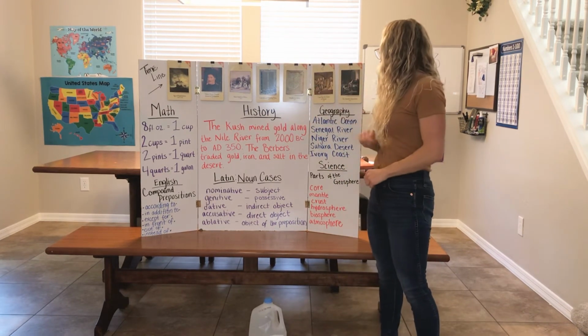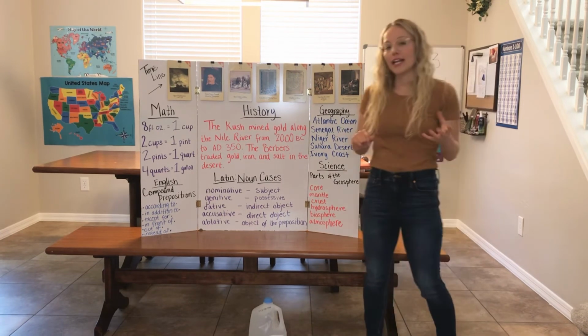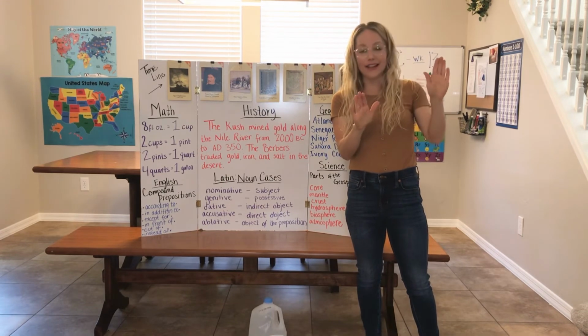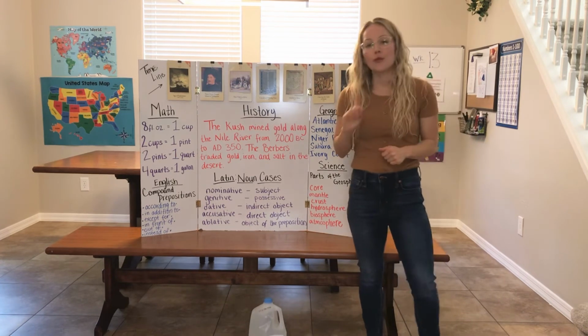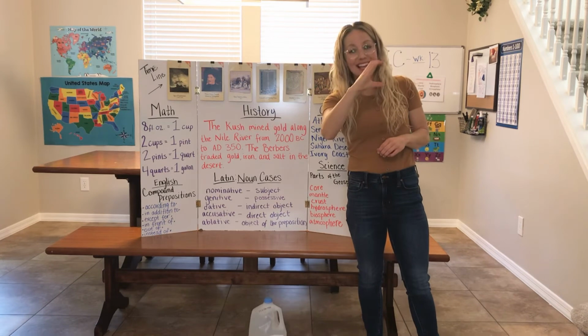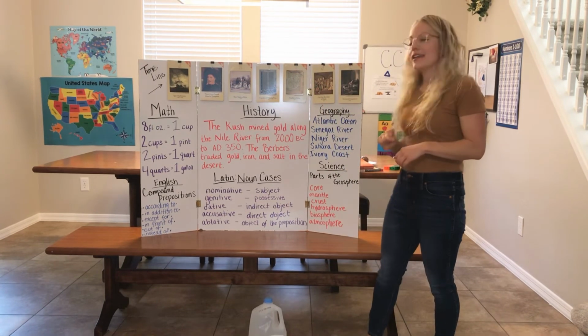Okay, let's go over here to geography. We have our Atlantic Ocean. Atlantic Ocean, A is right next to Africa, A. So Atlantic, Africa, that may be helpful. Senegal River. When you're looking at your map, your Senegal River looks like a backwards C. Senegal, C. Okay, Niger River.